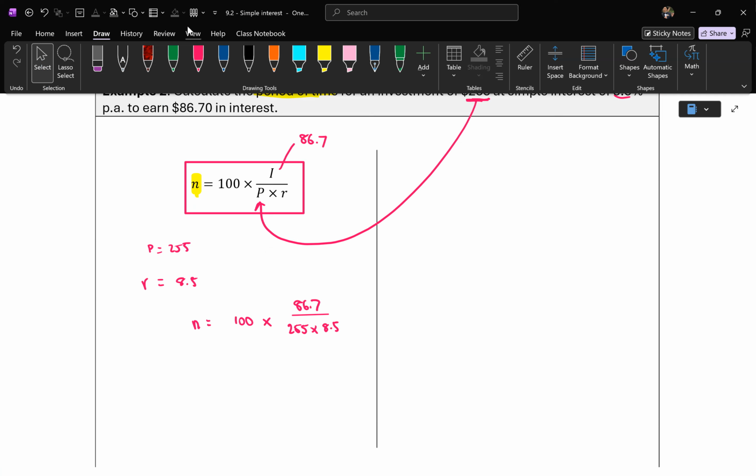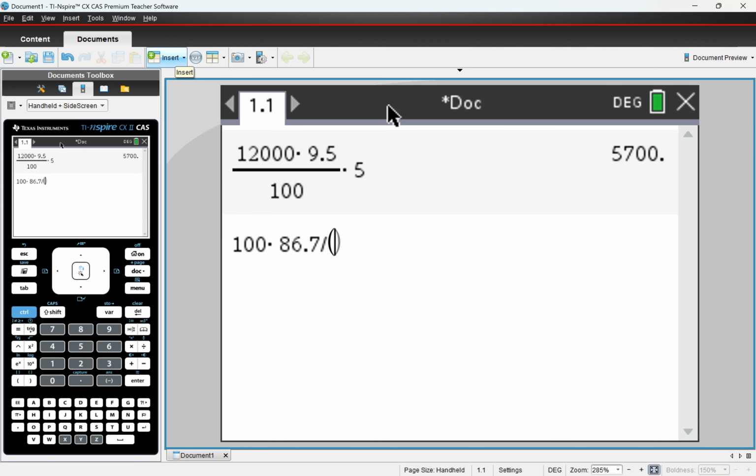Those are two different things. So you have to put a bracket in between them, because those two come first. Make sure to put the brackets in. It's the $255 investment times 8.5, and you get 4.